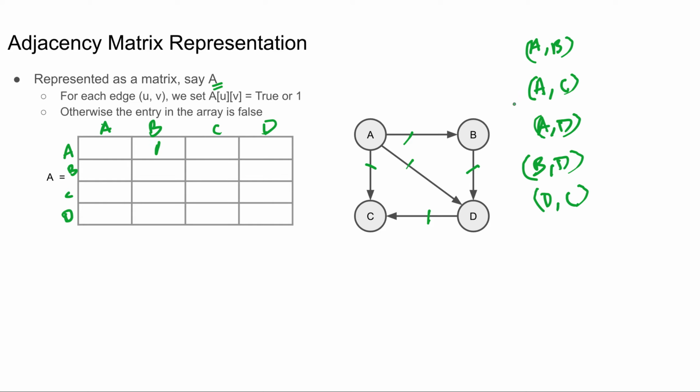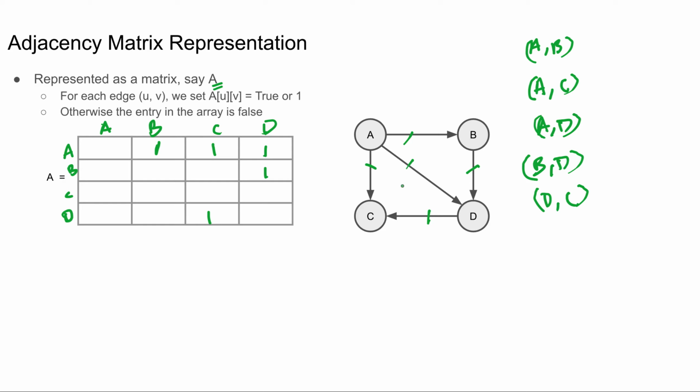Then I have A, C, so the cell for A, C is 1. And I have another edge, A, D, so this will be 1. Then for edge B, D, you take the B row and the D column, so that is also 1. Then you have D, C, so the row for D and column C is also 1.